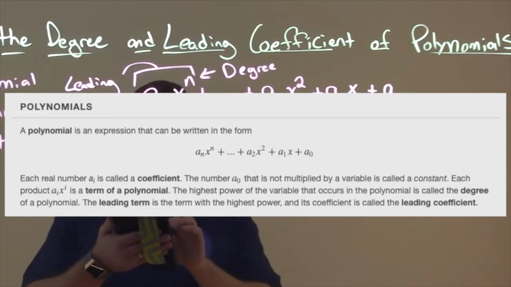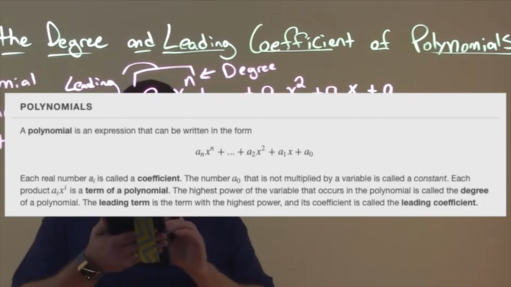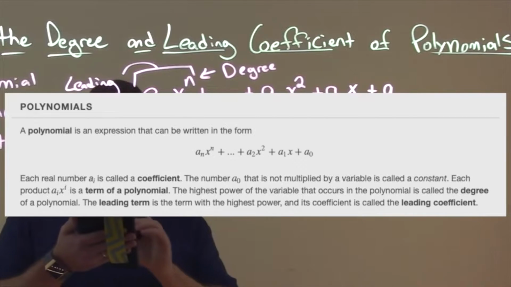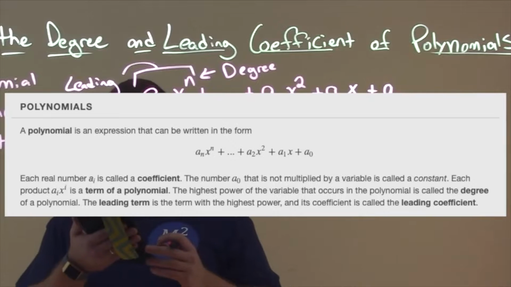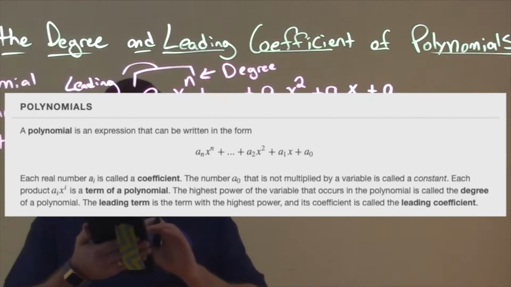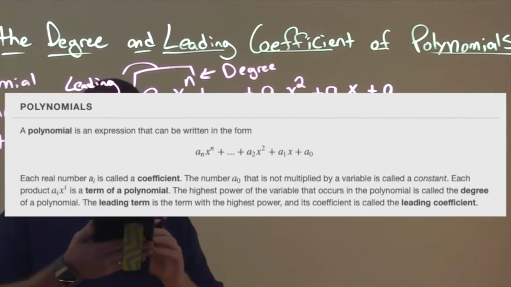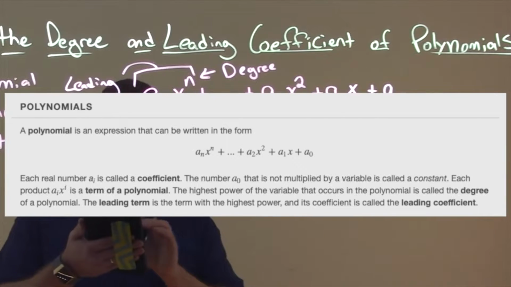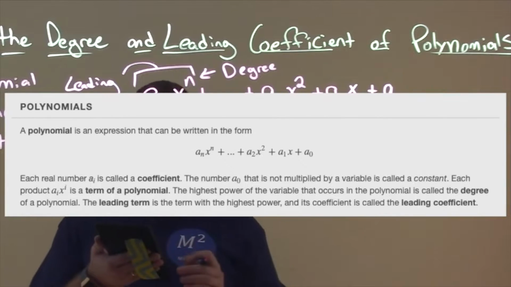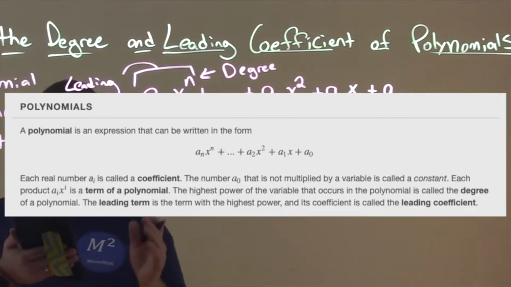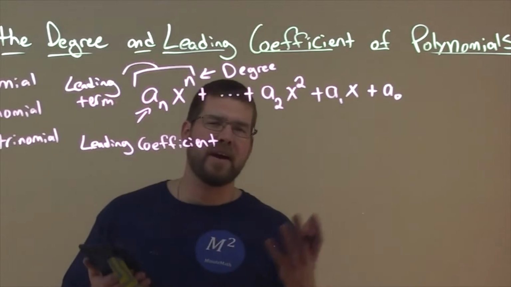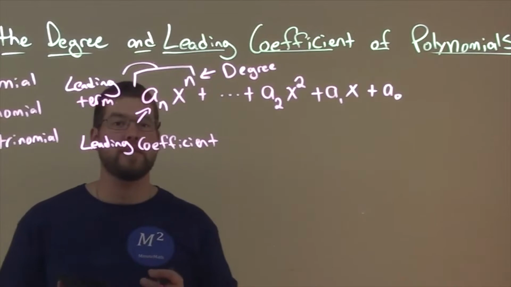The number a sub 0 that is not multiplied by a variable is called a constant. Each product, a sub i x to the i power, is a term of a polynomial. The highest power of the variable that occurs in the polynomial is called the degree of the polynomial. The leading term is the term with the highest power, and its coefficient is called the leading coefficient. So essentially everything I've already talked about, but there's your definition.